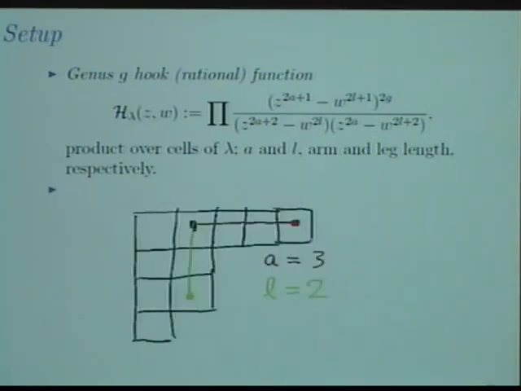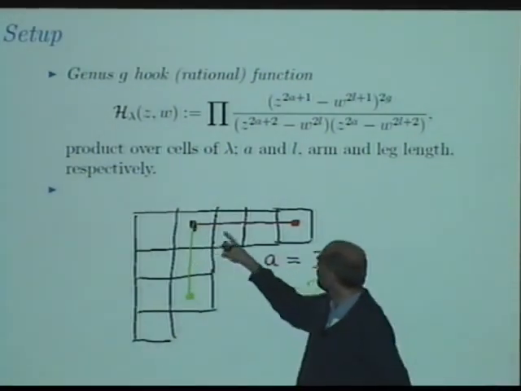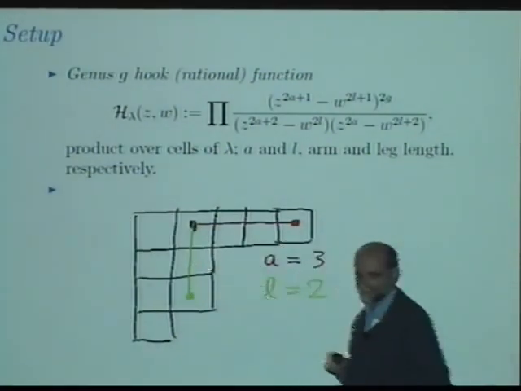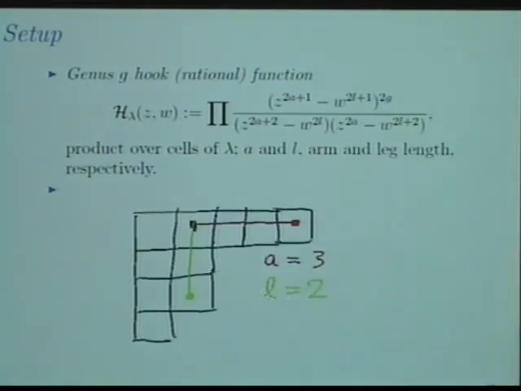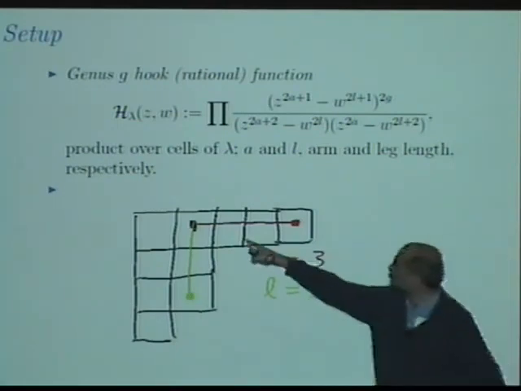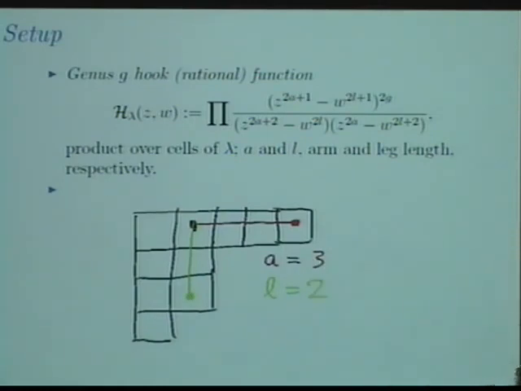So here's a partition in the standard graphical way to describe it. So this will be 5, 2, 2, 1. And for each cell, you draw the hook, which is this thing, red and green. The arm is the number of boxes to the right, which is 3 in this case, and the leg is the number of cells to the bottom, which is 2.